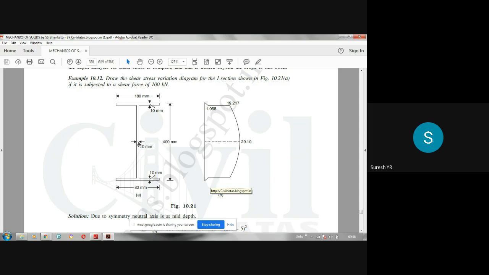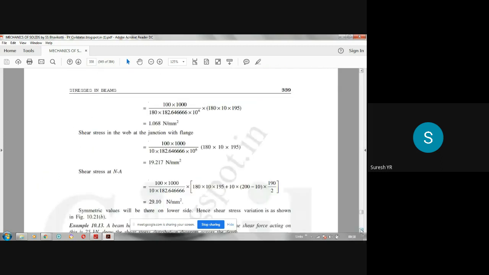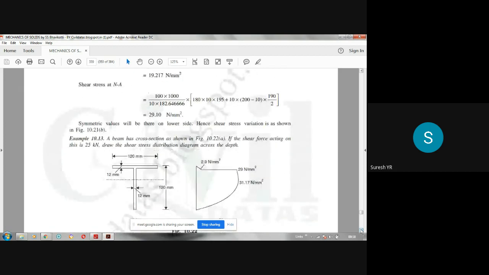So we have to find the area above the neutral axis, and the corresponding area should be multiplied by the respective distance of centroid from the neutral axis. That is A into y bar for this web and A into y bar for this flange. So we have to add them. Then simplify that, and you are going to get the maximum shear stress at the neutral axis. So this is what the problem is.